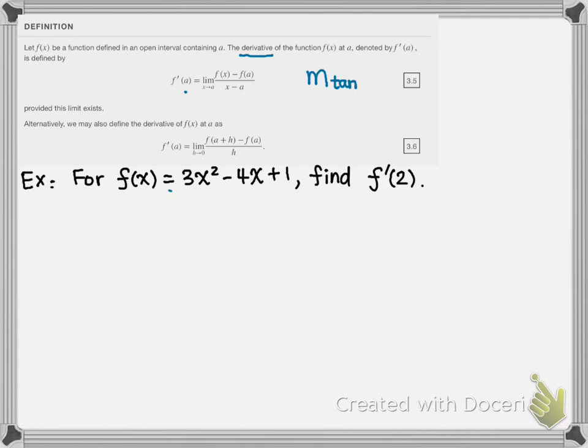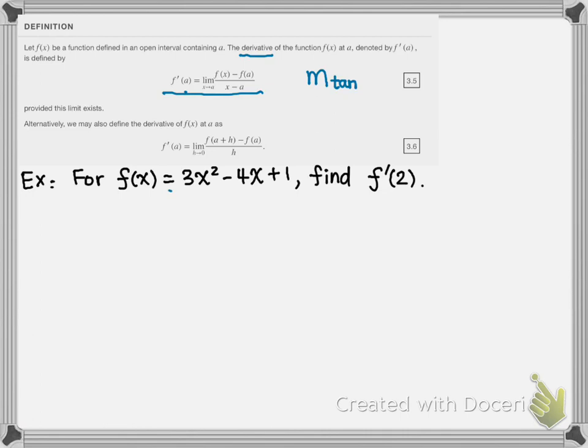So alternatively, you may also define the derivative f prime of a equals the limit as h approaches 0 of f of a plus h minus f of a all over h. These two are equivalent definitions, but calculation-wise, you might find it easier to use the first definition most of the time, because you evaluate f of a, which is just a number, and then f of x is just a function.